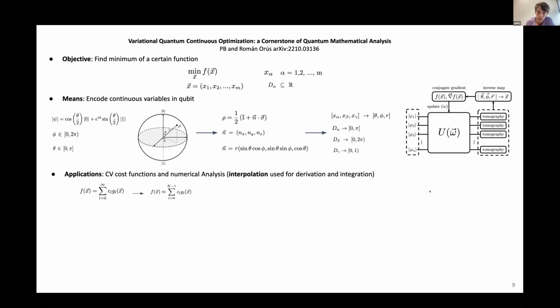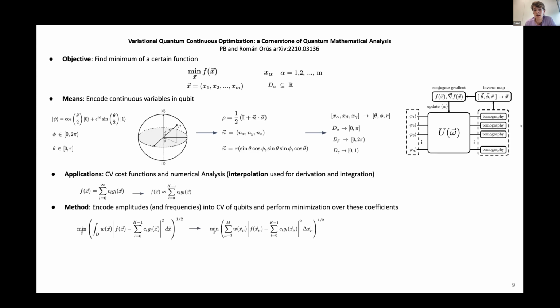And we did that by means of expanding our solutions, the ones encoding the ground state of our Hamiltonian or cost function, into a certain series. So the goal of our optimization process would be finding the coefficients of our series, such that you can minimize the distance.